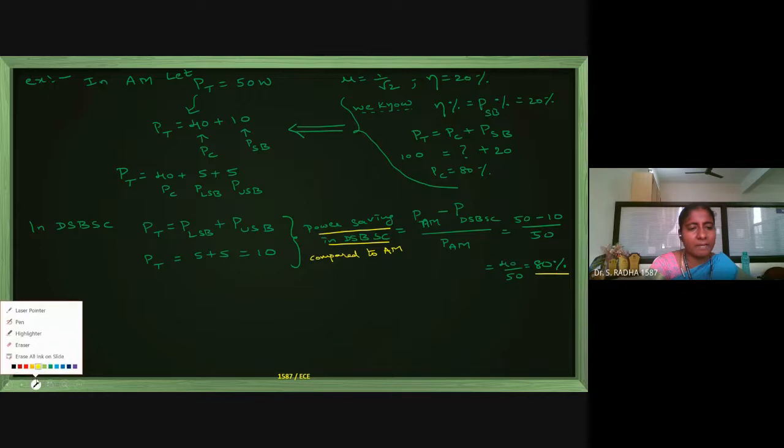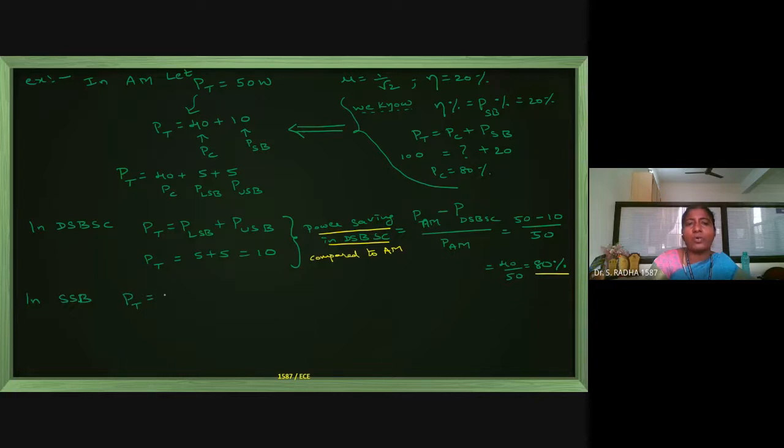Now I will take SSB. In SSB, total power is only one sideband power, either upper sideband or lower sideband. So the total power is only 5 watts. So if we analyze the power saving in SSB compared to AM, it is total power in AM minus total power in SSB, divided by total power in AM.